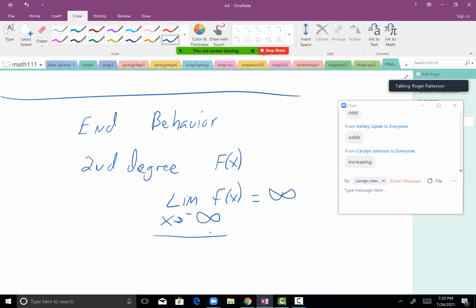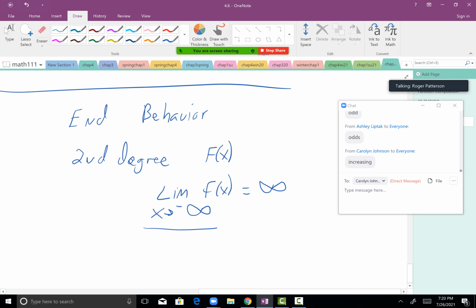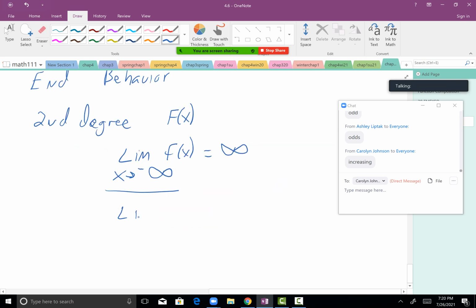So that's how we say end behavior. So the limit of f of x as x approaches negative infinity is infinity. But the same thing is going to happen when x approaches infinity positively. It's also increasing.